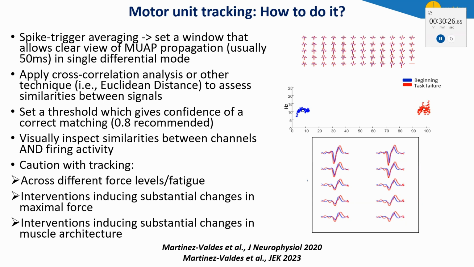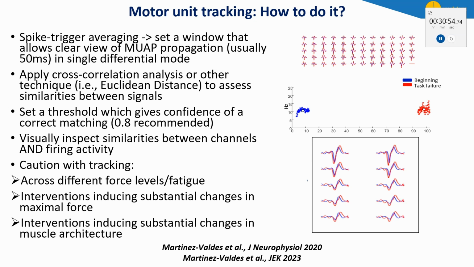Then after you have done your spike trigger averaging and you get your motor unit action potential profiles in space, you can apply a similarity measure for these signals. The classic one to apply is cross-correlation analysis, but we have also employed other similarity techniques such as Euclidean distance. So it's up to you. For the purpose of openhdemg, we use cross-correlation analysis.